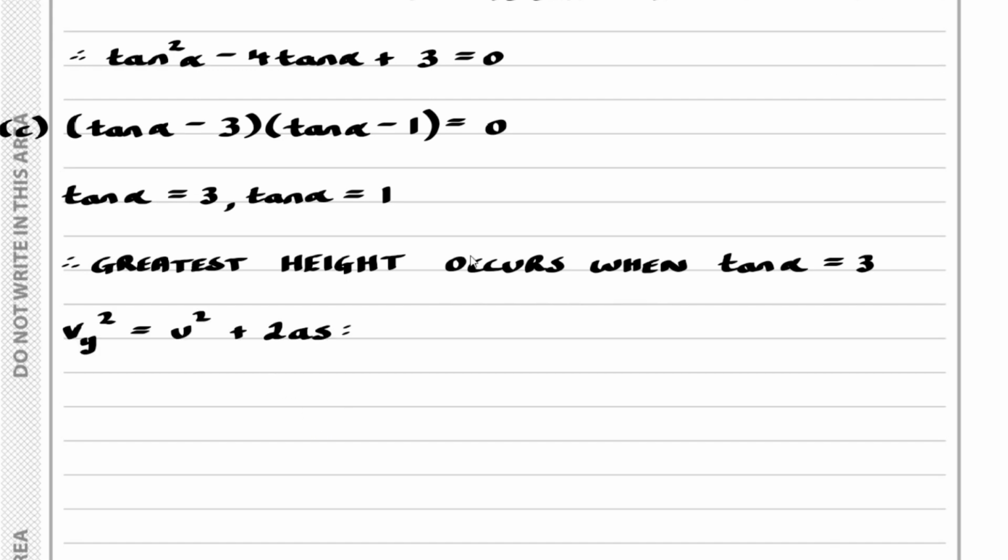So we have vy squared equals u squared plus 2as. So we have 28 sine alpha squared equals u squared, so that's 0 squared, plus 2 multiplied by 9.8 times s.